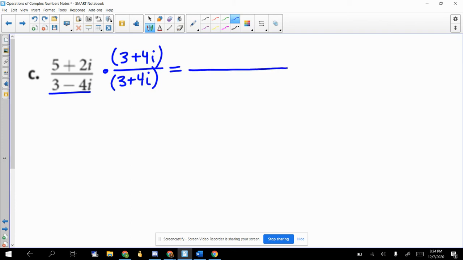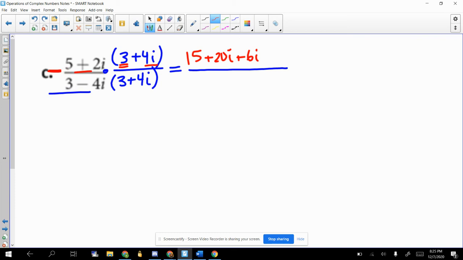So let's go ahead and do that, or box method. So 5 times 3 is 15. That's my first. My outers, 5 times 4i, so 20i. My inners, 2i times 3, so 6i. And my last 2i times 4i, so 8i squared. And we'll come back and clean that up in a second.